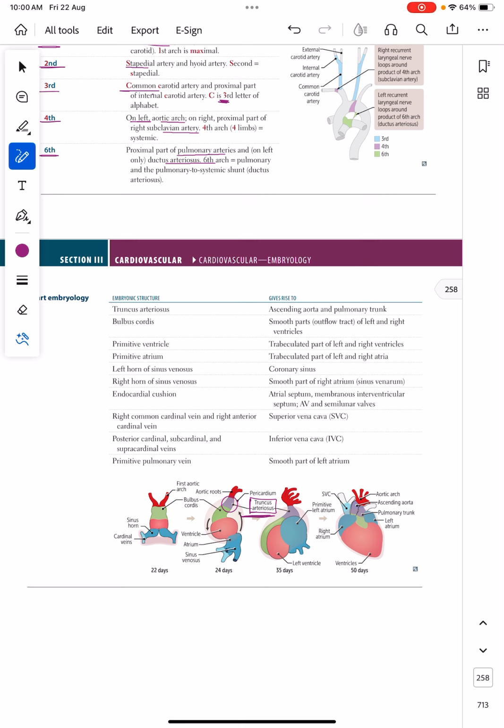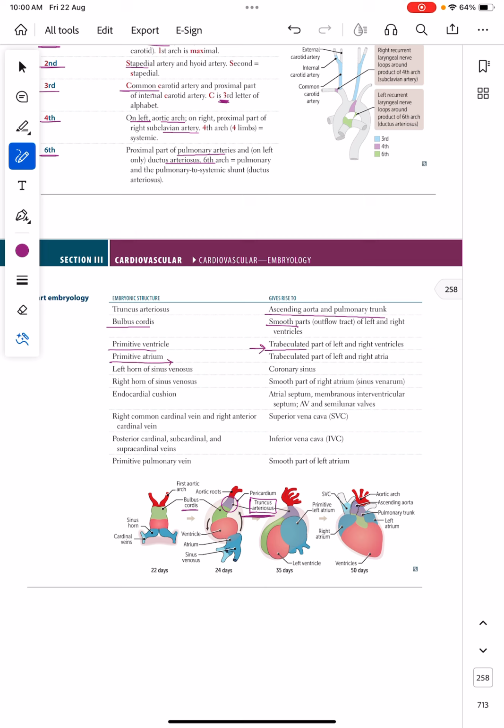One is the ascending aorta on the left side and the pulmonary trunk on the right side. Beneath that is the bulbus cordis. The bulbus cordis forms the smooth part of the left and the right ventricle. So the left and the right ventricle have two parts. One is the trabeculated part and the other is the smooth part. The smooth part arises from the bulbus cordis, while from the primitive ventricle only the trabeculated part arises.